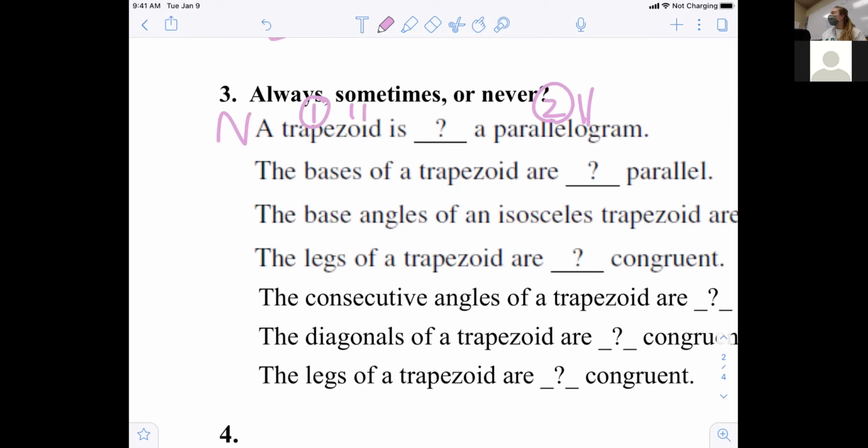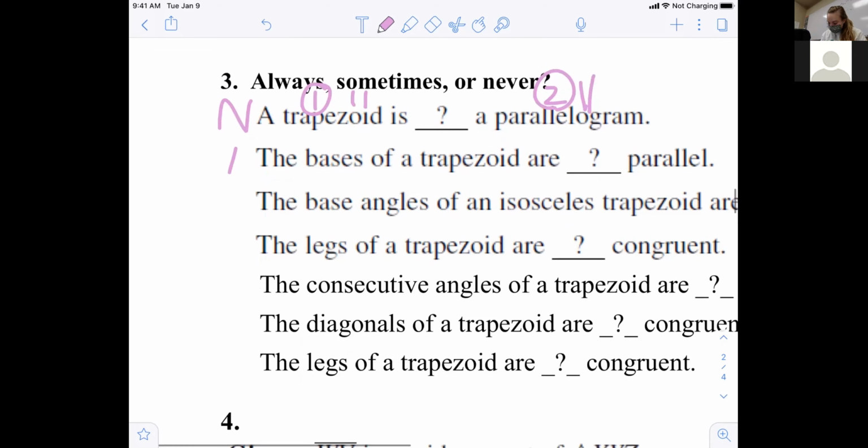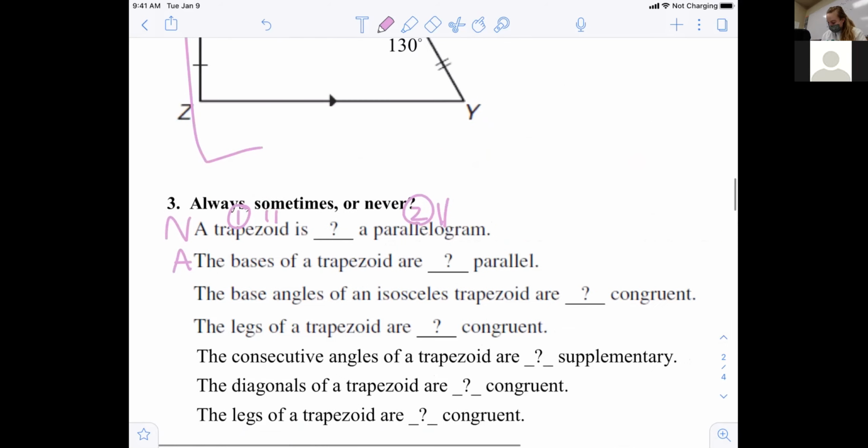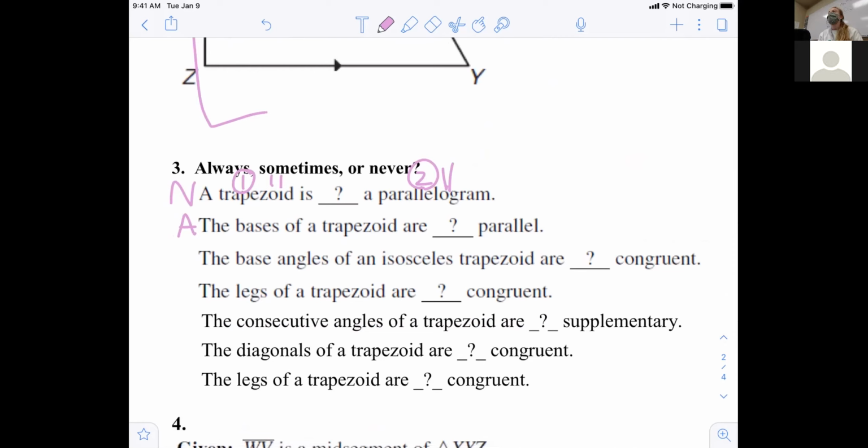Number two, the bases of a trapezoid are blank parallel. Always. I literally told you that when I told you what a base was. I said they're the sides that are parallel, so they're always that. What about the base angles of an isosceles trapezoid are blank congruent?